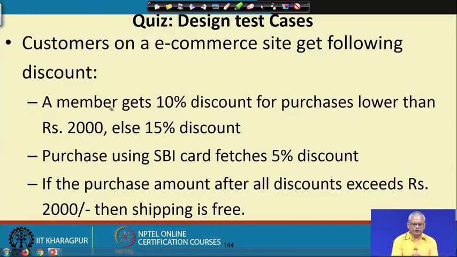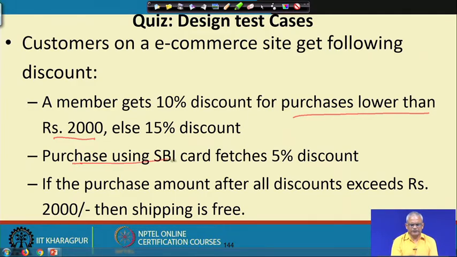If we read here, member gets 10% discount for purchases lower than 2000. So, a condition here is that if the purchase is lower than 2000, if this is yes, then 10% discount, if it is no, then it is 15% discount.